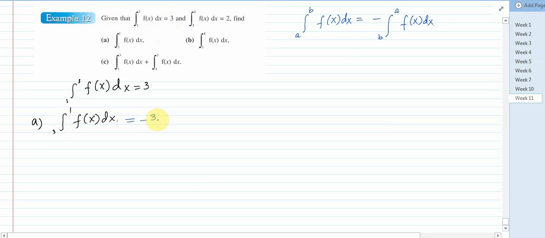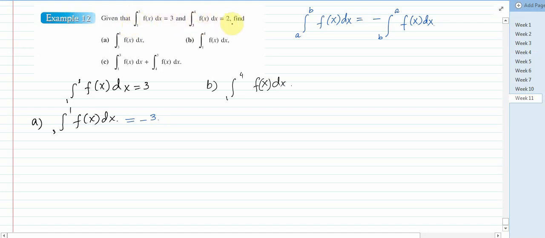Alright, for part B, it says the integral of 1 to 4 f(x) dx. In your question you have from 1 to 3 it's 3 and 3 to 4 it's 2.